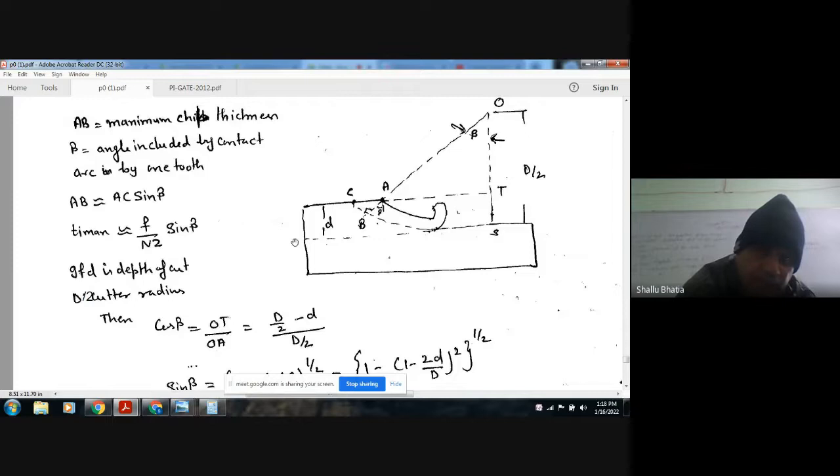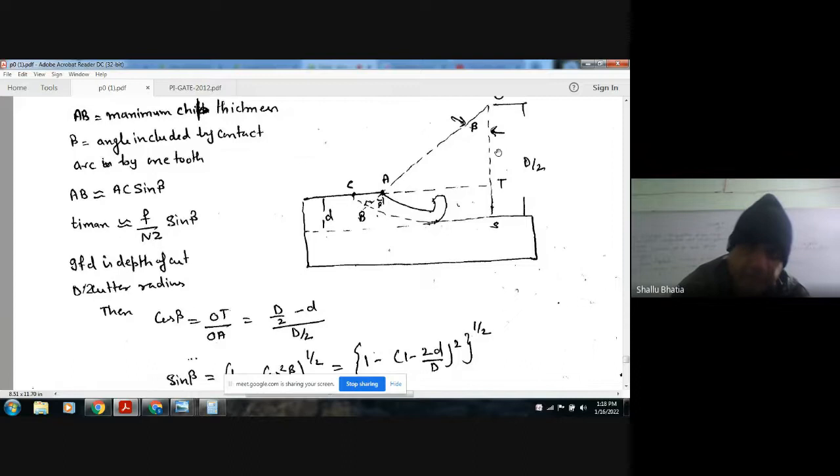If d is the depth of cut, total depth is this, and D by 2 is the radius of the milling cutter. Then we have D by 2 minus d, and if we divide it by D by 2, then we have cos beta.